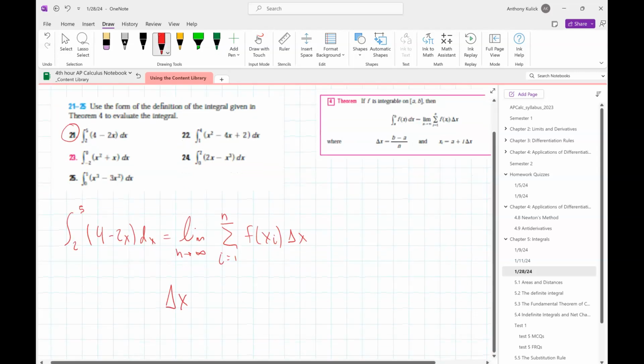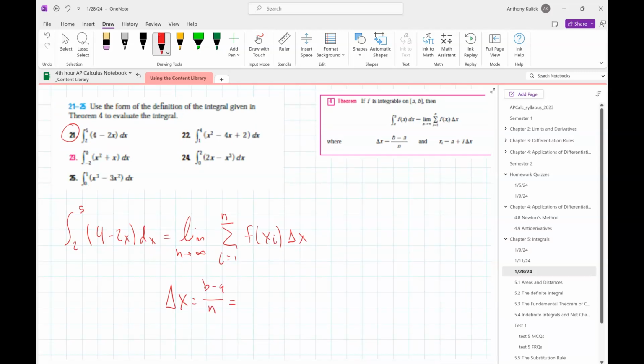Where delta x is going to be b minus a over n. So in that case, it's going to be 5 minus 2 over n. And xi is going to be a plus i delta x, or in this case, 2 plus i times 3 over n, or 2 plus 3i over n.